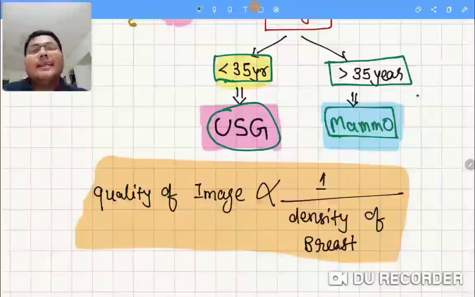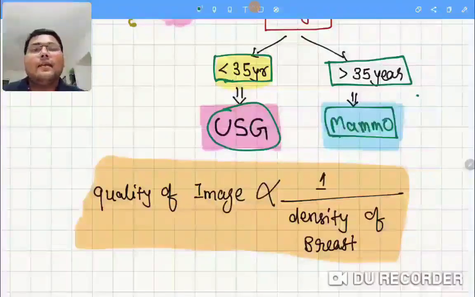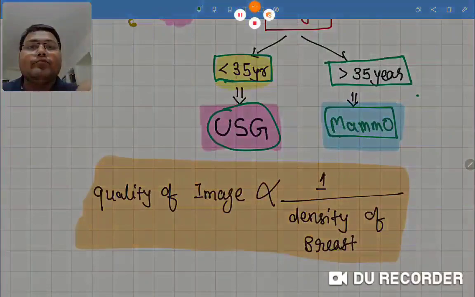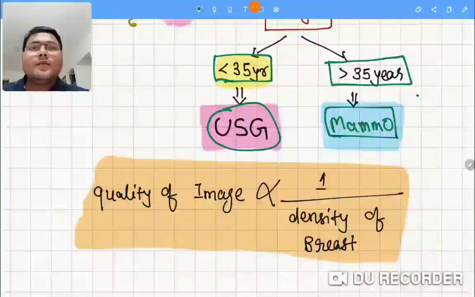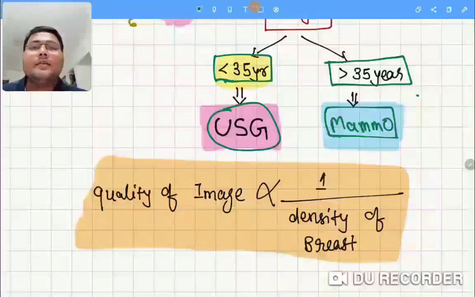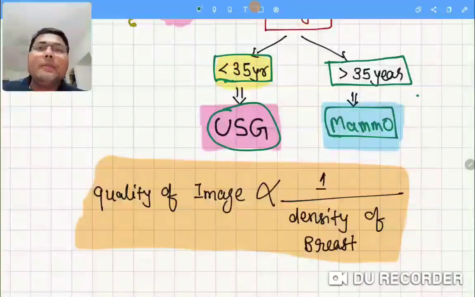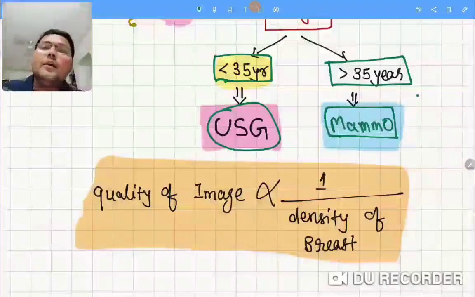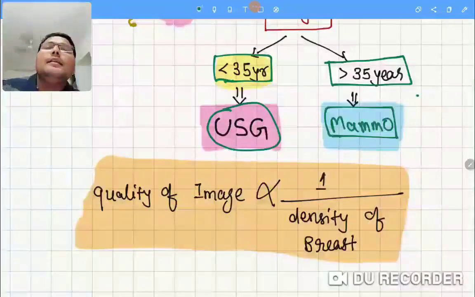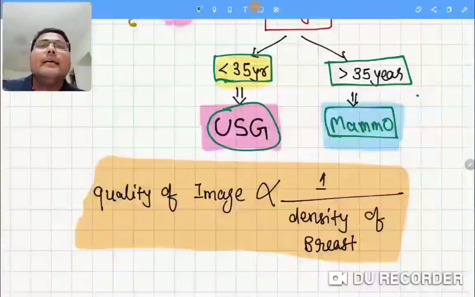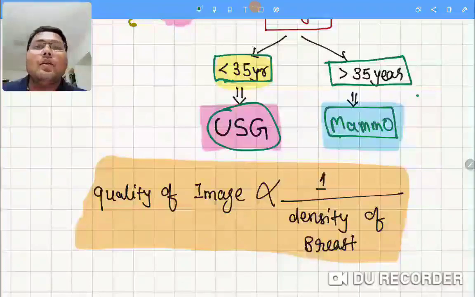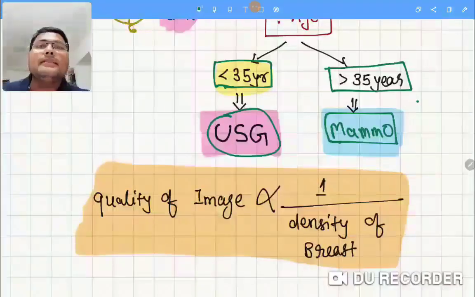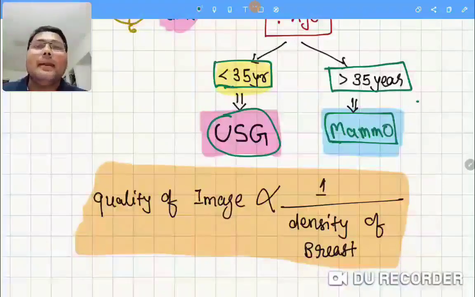So that's why there are fewer chances of fibrotic changes. The quality of the image is inversely proportional to the density of the breast. In a young patient the breast is more dense and the quality of the image is poor, and as the patient grows older, the breast becomes less dense, so the quality of the image is better than in the younger one.